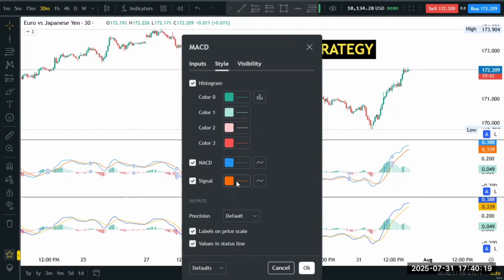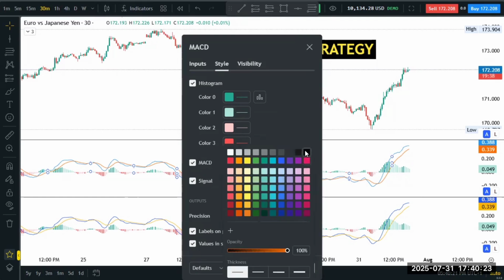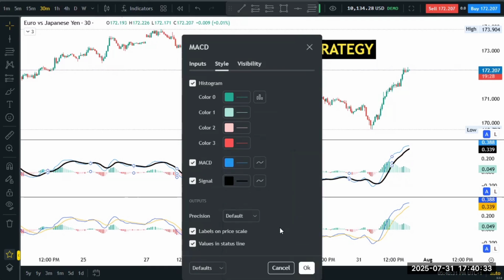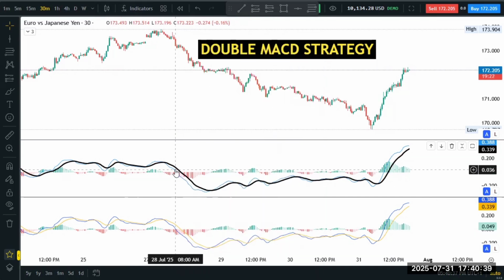Just for me to know the signal line, I'm going to change the color to black, and I will increase the boldness to 3. That will help me to know the signal line, and then I will click on OK. That's for the first MACD.